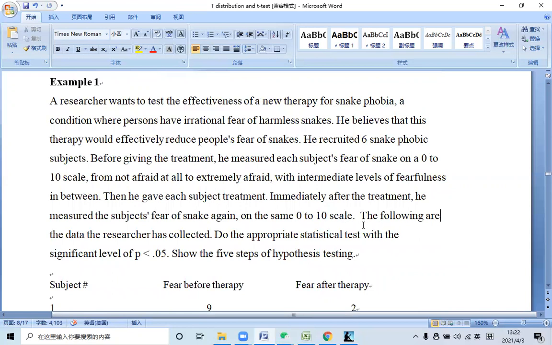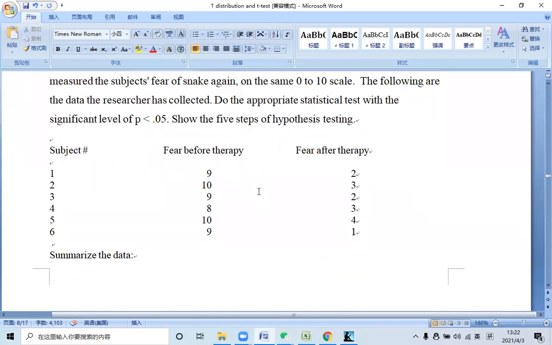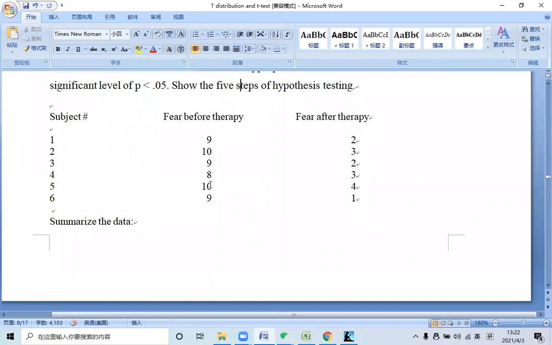You have the data. What I'm trying to show is that the treatment works. The treatment reduces people's fear of snakes.